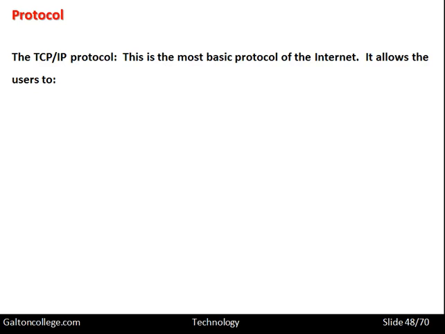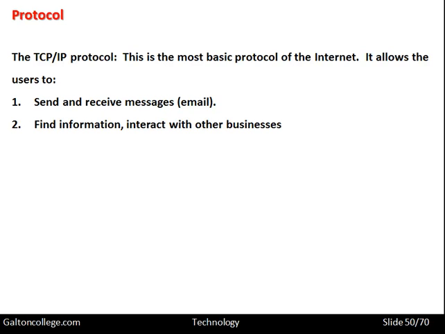The TCP/IP protocol is the most basic protocol on the internet. It allows users to send and receive messages, for example, email. TCP/IP is essential for the use of emails. It's an essential part of the internet. It's essential that it's there so as to enable the flow of messages. But we can also find information and interact with other businesses.